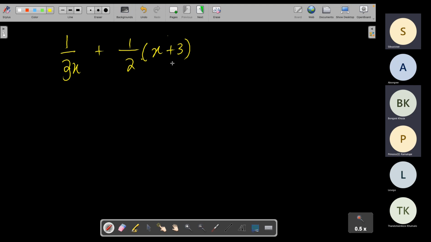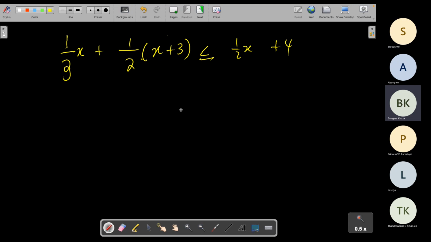Close bracket, and then less than 1/2, x plus 4. And then the less than has a line down there. So the less than or equal to, okay.